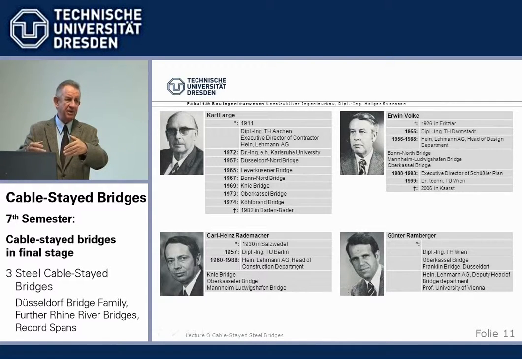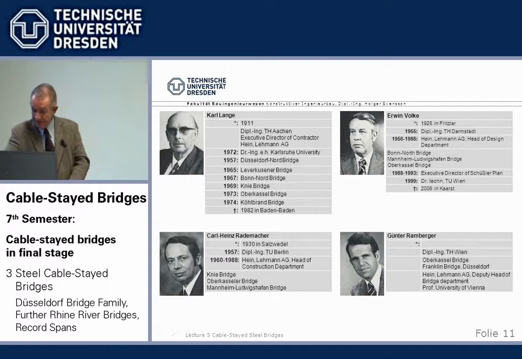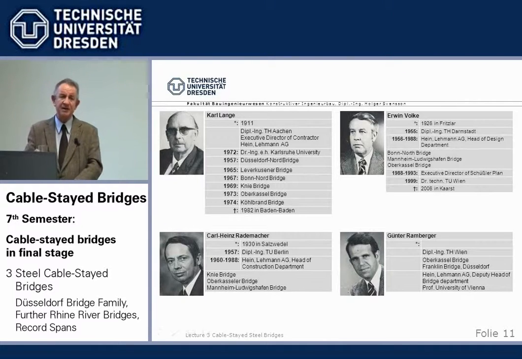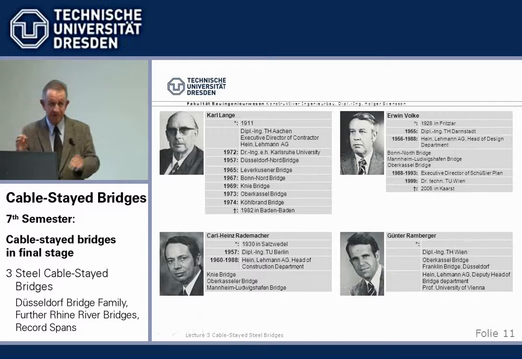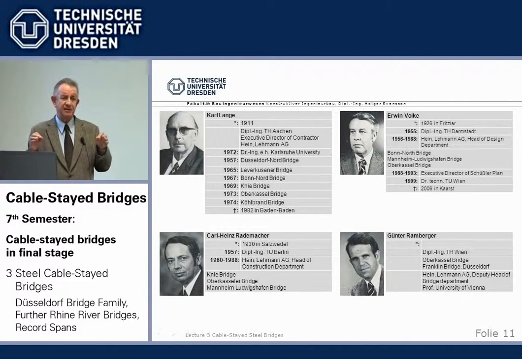And Hein Lehmann built all the early cable-stayed bridges plus many others. And at that time, the detailed design and construction engineering was done by the contractor. Unique for Germany that German contractors had design offices. All over the world they had not. There always the consultants did the detailed design for the contractors.